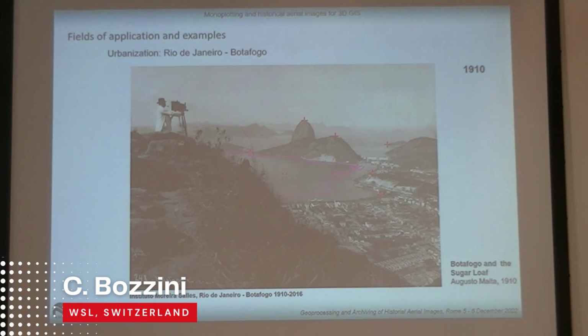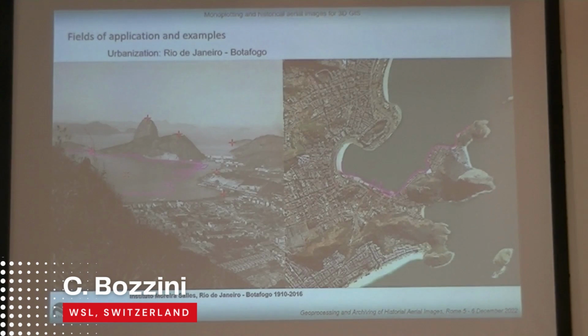In Rio, in the past many hills have been destroyed, and the material has been deposited in the sea to gain space for the city. This photograph is no longer possible today because the hill from which it was taken is no longer there. This is the comparison between the two photographs.